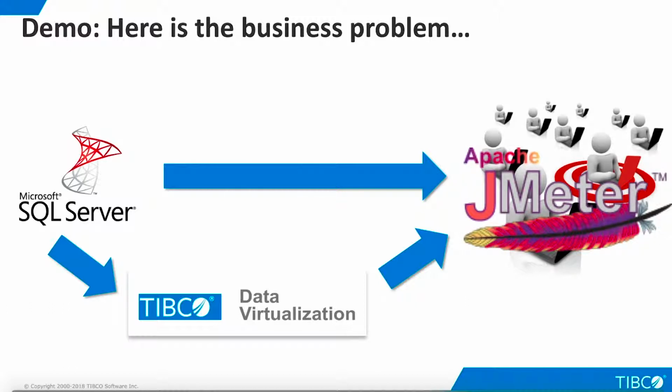Let's stop a minute though and ask if this is really a meaningful question. The answer depends on the customer's use case. For most customers, the main value of TDV is its ability to federate data from multiple sources in an agile manner with data that is current. For these customers, the test above has little meaning.